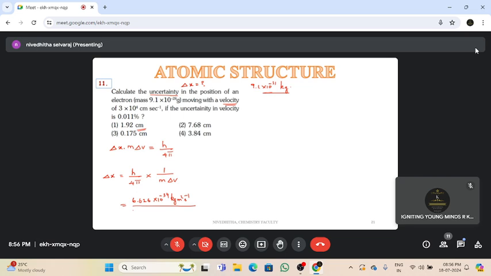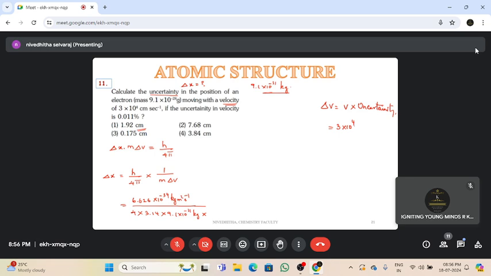Divided by 4 into the value of pi, which is 3.14. And the value of mass is 9.1 into 10 power minus 31 kilogram. And we have to substitute delta v. Delta v is nothing but the velocity multiplied by its uncertainty. What is the velocity? 3 into 10 power 4.